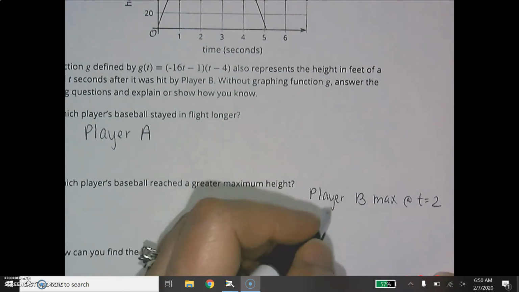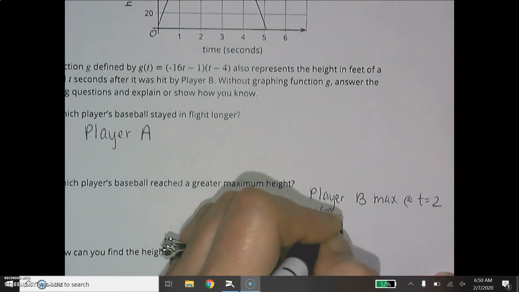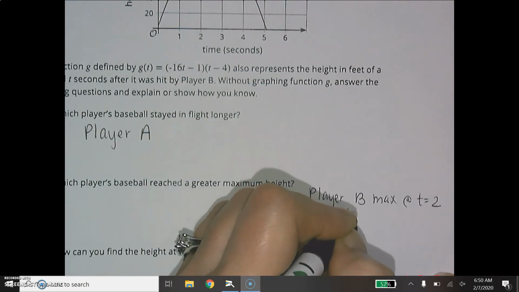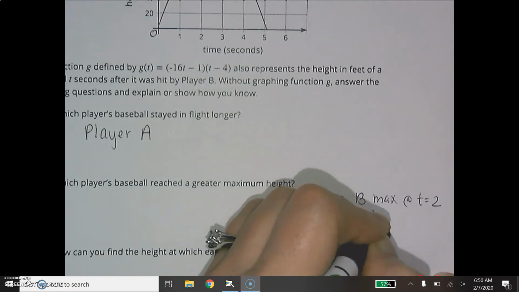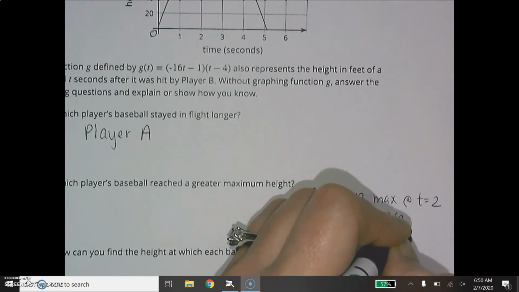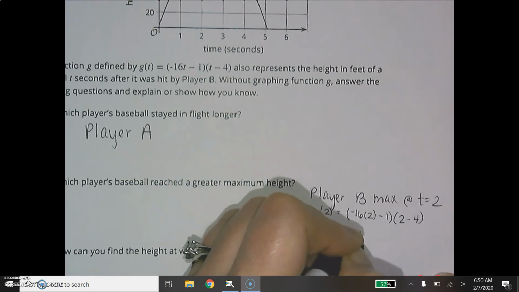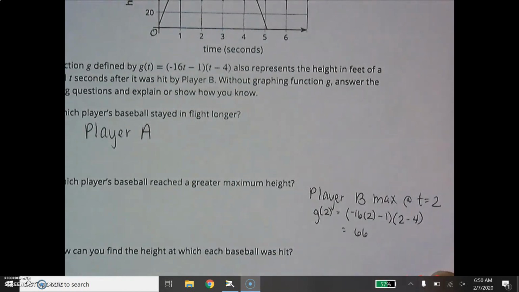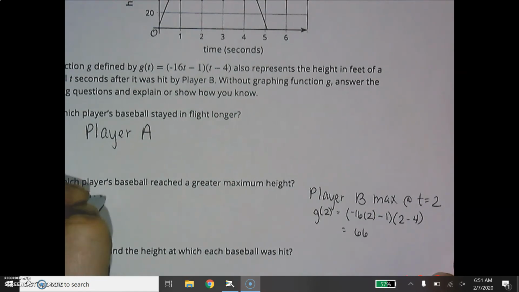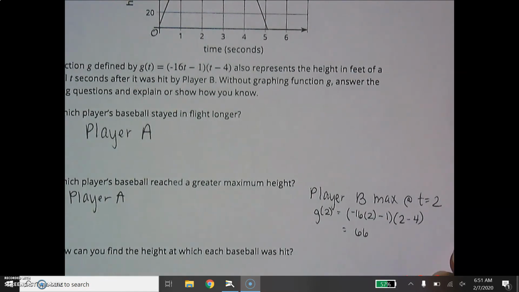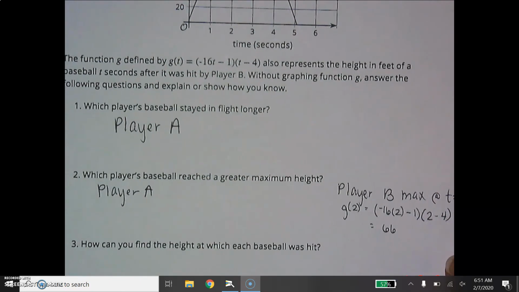What that means, then, is we have to evaluate their functions. So if we substitute 2 in there for our seconds, our time, and we do that math, we get 66 feet, which means that player A, again, their baseball would reach a greater maximum height.